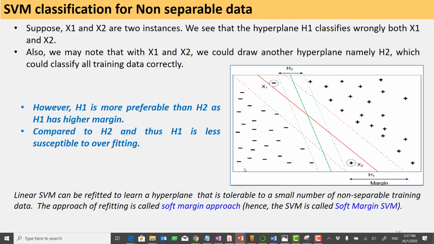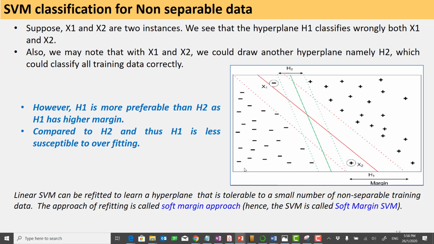If you try to reduce the margin, it means you are trying to overfit. It may work for the training data, but when it goes to the test data, it might have a problem. There might be situations where a point crosses the boundary line and the margin to the other side. So we need to balance that.